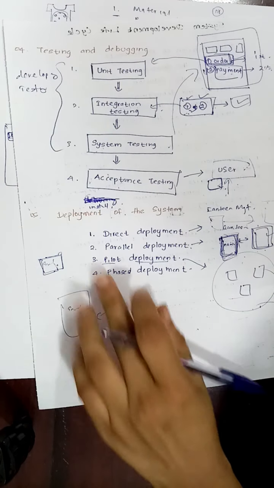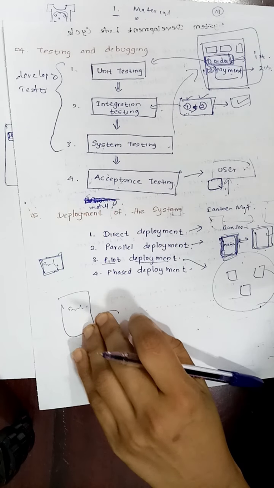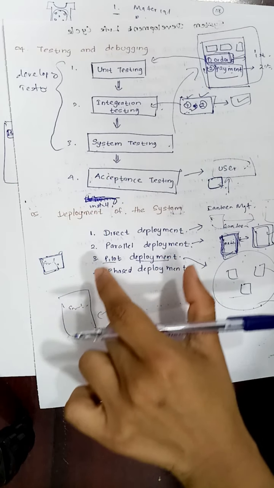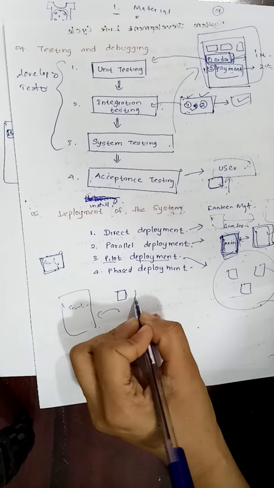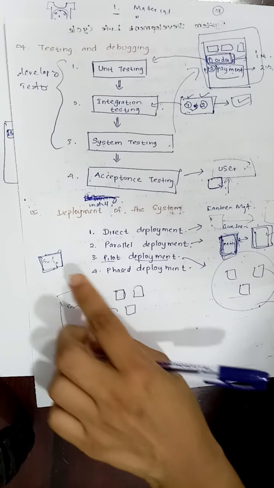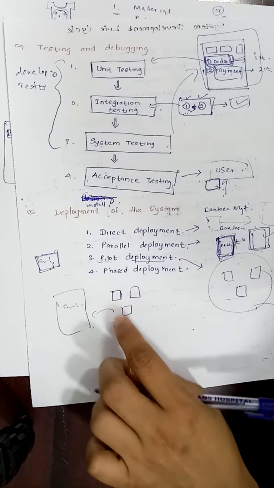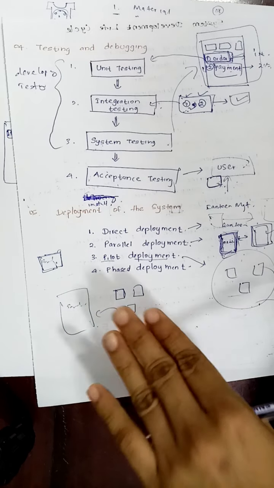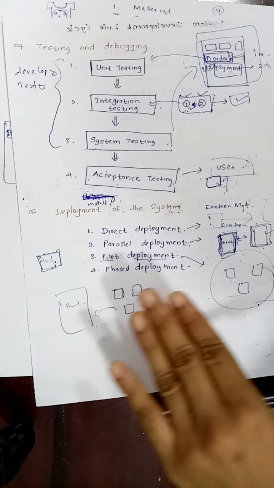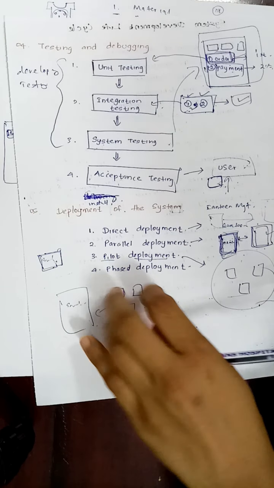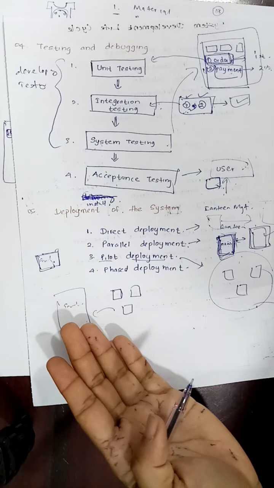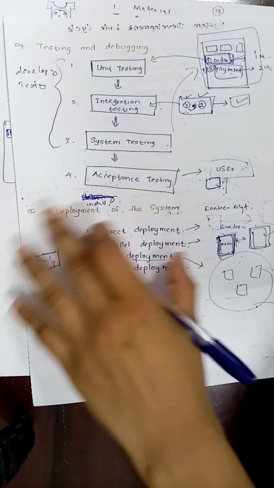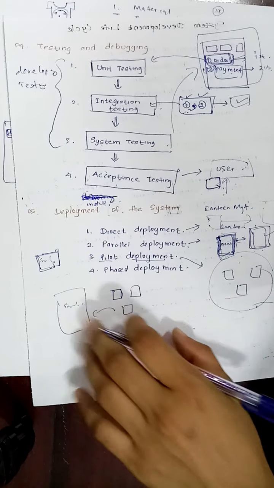Before installing in all schools in Sri Lanka, pilot deployment means first the software developer is going to install this canteen management software in 3 or 4 school canteens. If they are okay with that canteen software, then the government will install it in all schools in Sri Lanka.